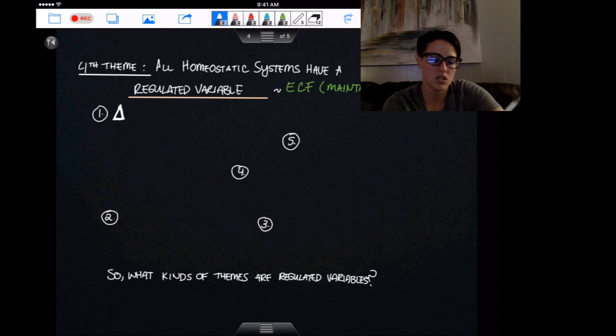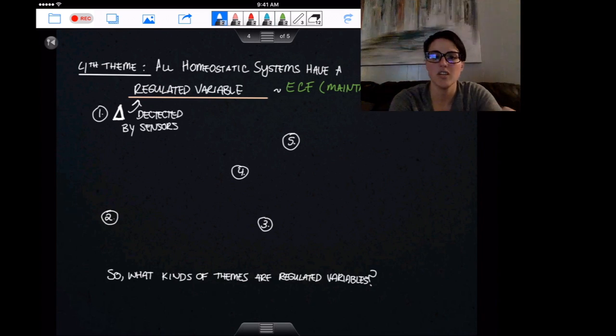So a change in a regulated variable is detected by sensors. So we have lots of these sensors in our body that detect changes in these regulated variables. Okay, so that's our first step in maintaining these homeostatic systems. So what happens when a change is detected?